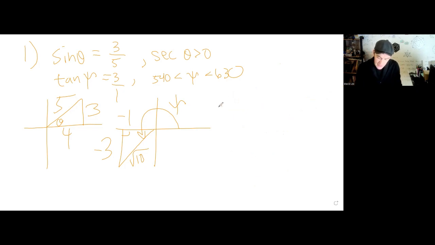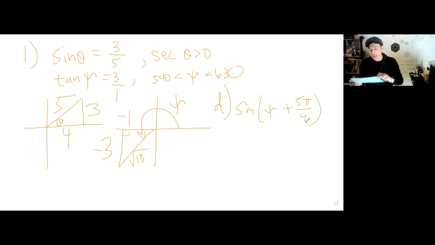Number 1, part D. The sine of psi plus 5 pi over 4. I would look at the sum identities in your cheat sheet. So look, sum identities for sine.